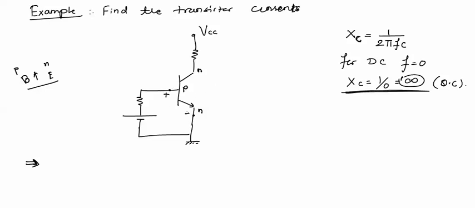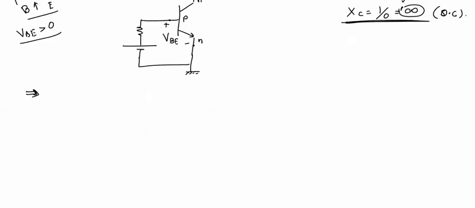And if the base emitter junction is forward biased, this VBE voltage will be greater than 0. As the base emitter junction is forward biased, this transistor can never be in cutoff. We have already seen the operating regions of the transistor.